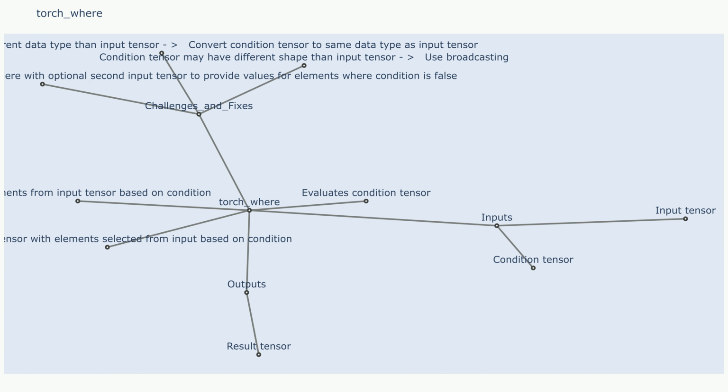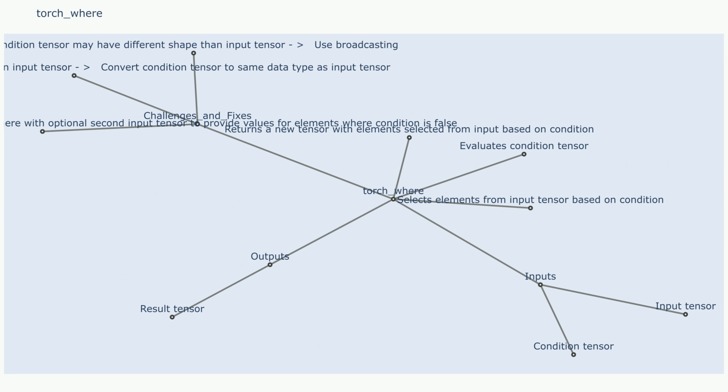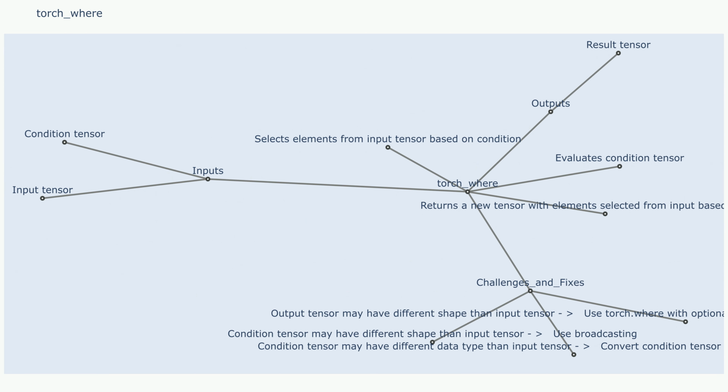Fixes to challenge 2: ensure that the X and Y tensors have the same data type before calling torch.where. If necessary, convert one of the tensors to the desired data type using torch.float, torch.long, or other appropriate type conversion functions.